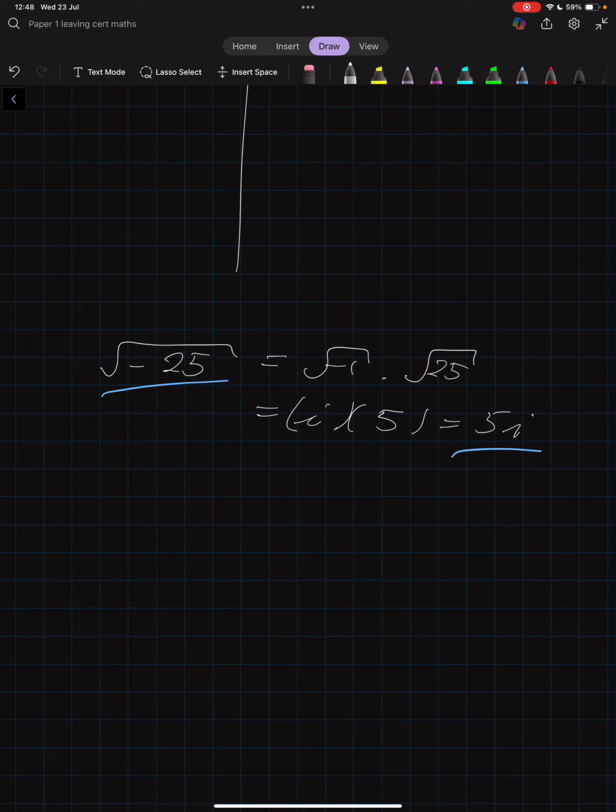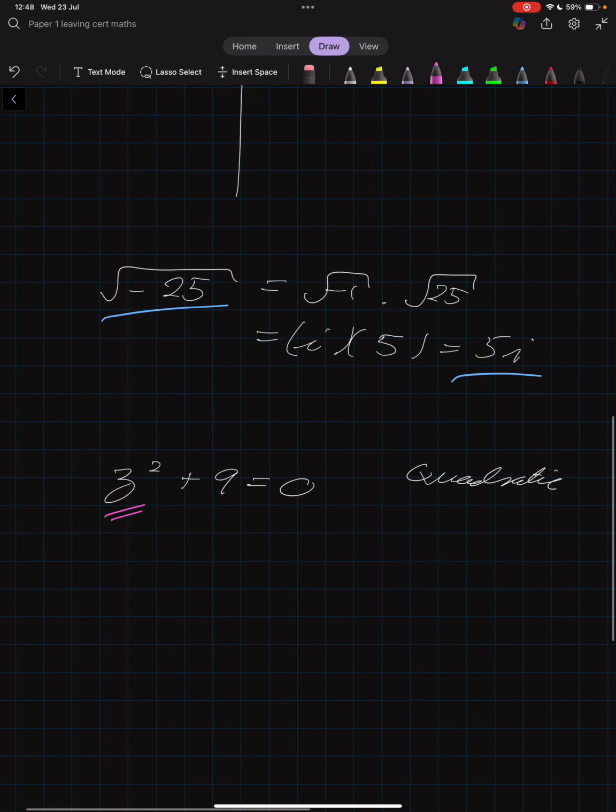That's all. Another thing I want to draw your attention to is that they might ask you to solve this. This is a quadratic. Typically, when you're working with complex numbers, you use the letter z. So x and y are for real numbers and z is for complex.